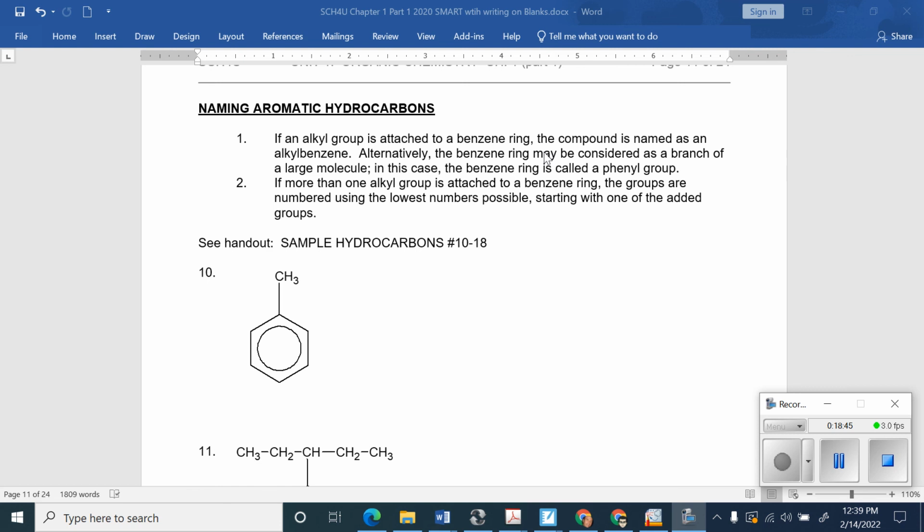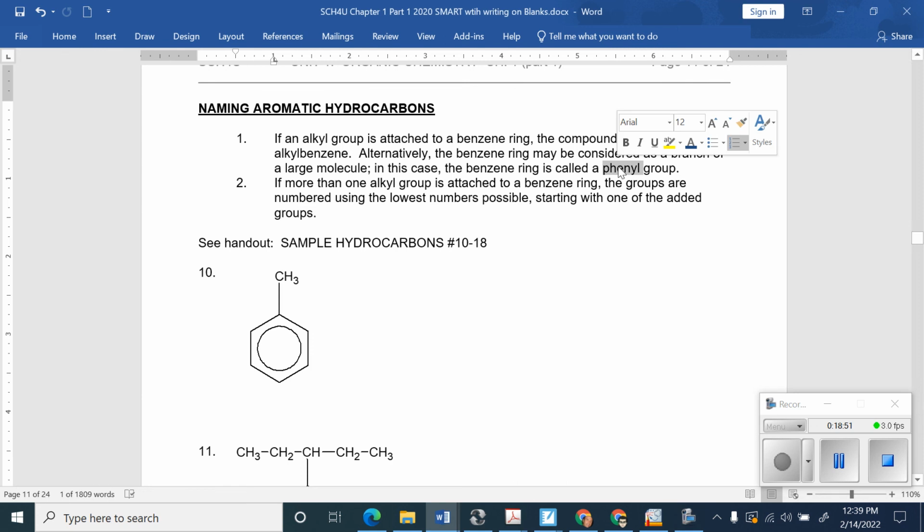Alternatively, the benzene can be considered a branch of the larger molecule. In this case, the benzene ring is called a phenyl group. Both are fine. And again, we want to use the lowest numbers possible.